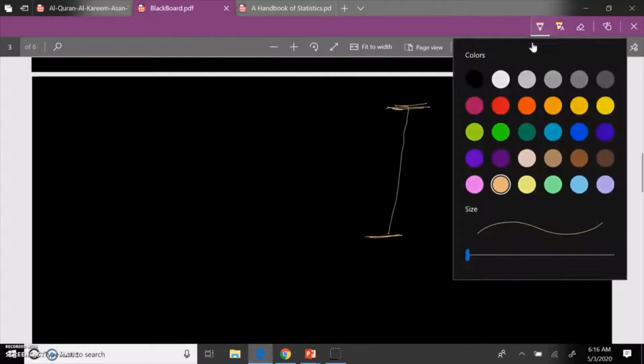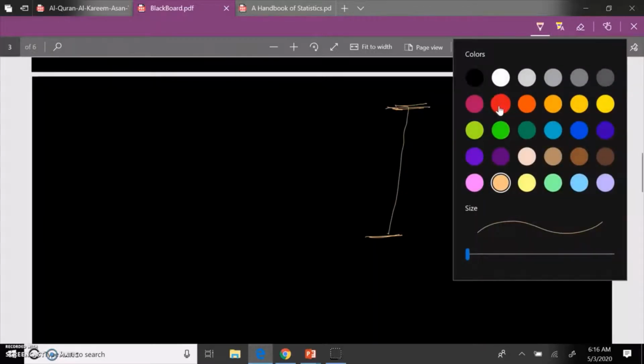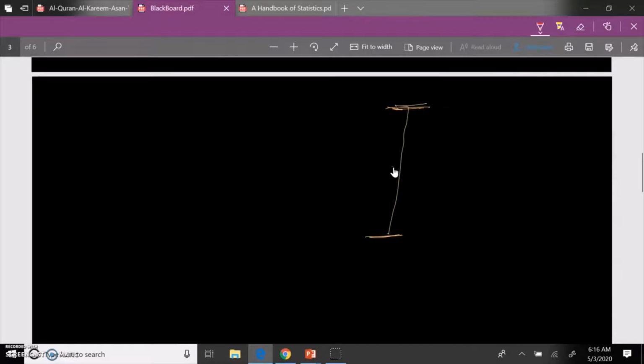Let's say I have a data set. This is the data set I have. What is a median? A median is a value which divides the data into two parts. A median is a value which divides the data set into two halves.